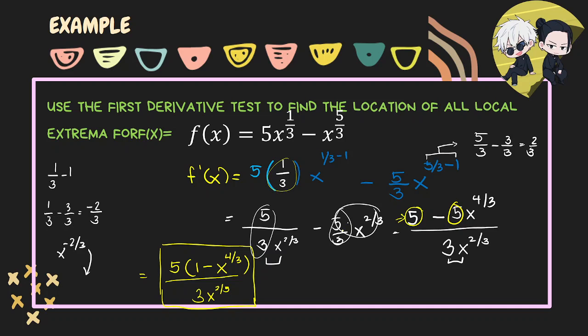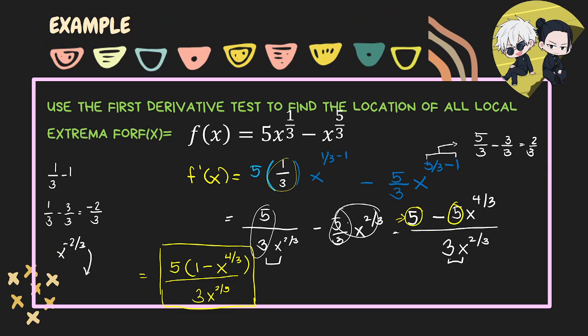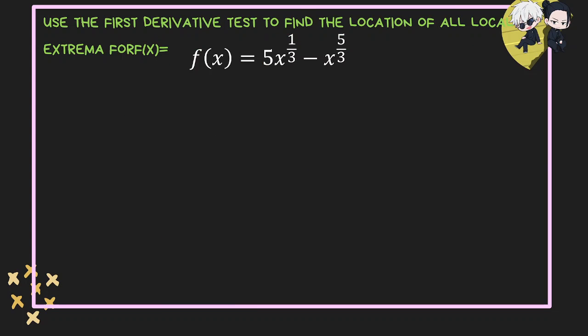Multiply ko sa 5 minus 5/3. 5/3 minus 2/3 to. Factor out ko si 5. Diba? So, tama naman, no?